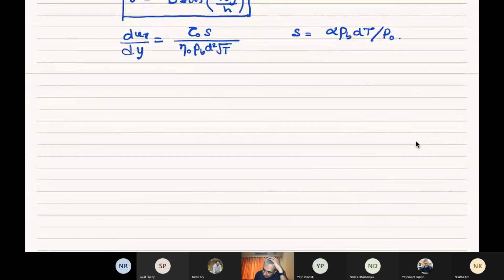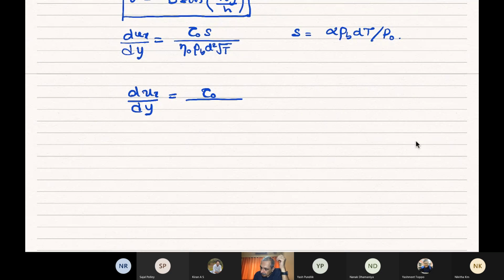So now if we substitute for both these things, we'll see that dux by dy is just equal to tau 0 divided by, so if we simplify, this becomes t raised to the power of half, rho b goes away.